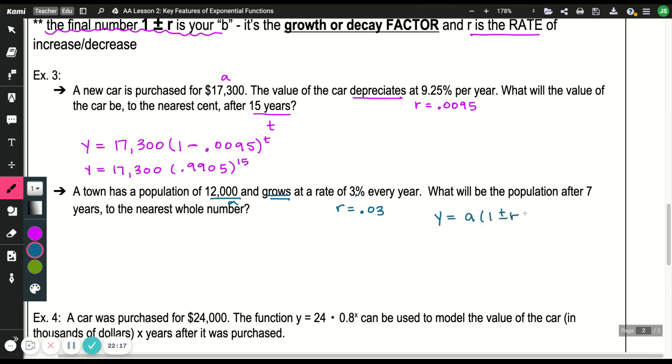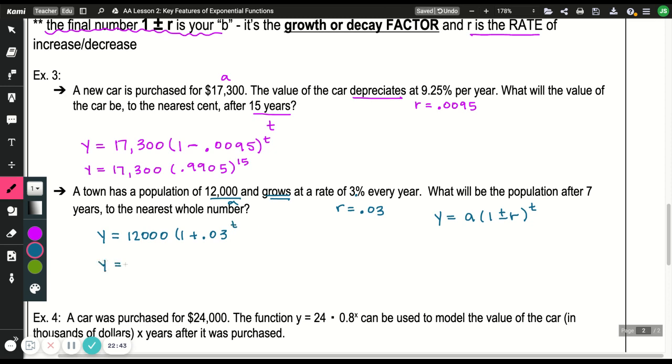I'm just going to rewrite this so I don't have to scroll up. Okay, so y equals, A is 12,000. That's how much we're starting with, times 1. We always start with 1. Since ours is growing or increasing, I'm going to add our rate, 0.03, to the t.